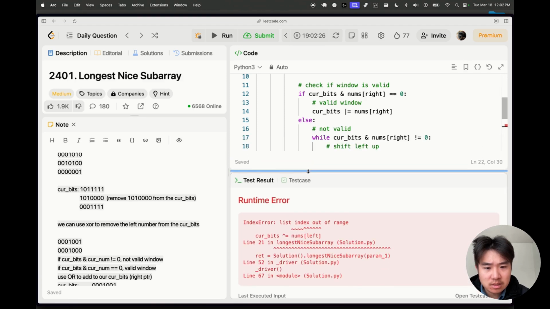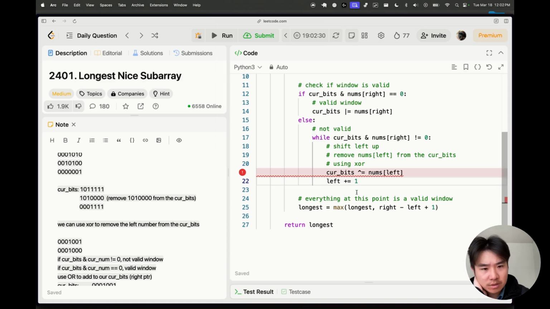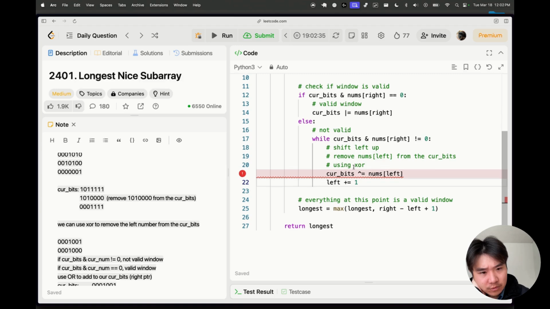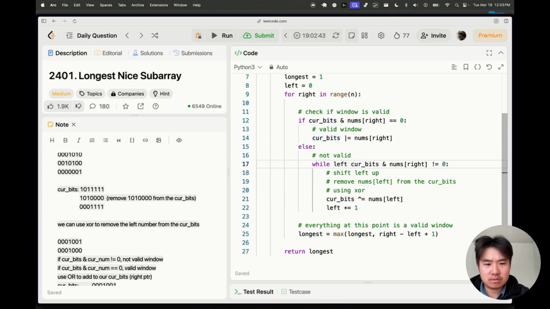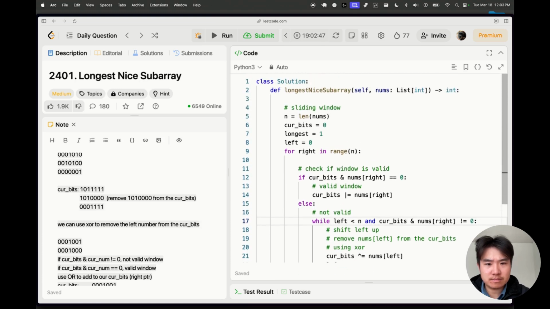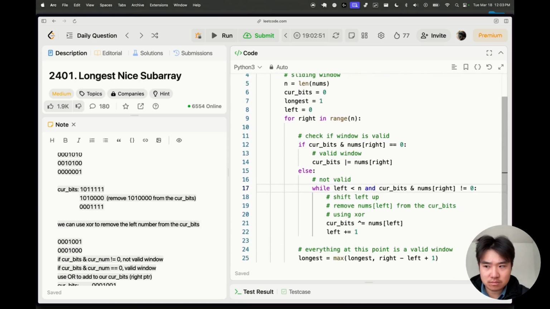Okay, index out of range, because left is going up. While left is less than n, and should it be left is less than right?